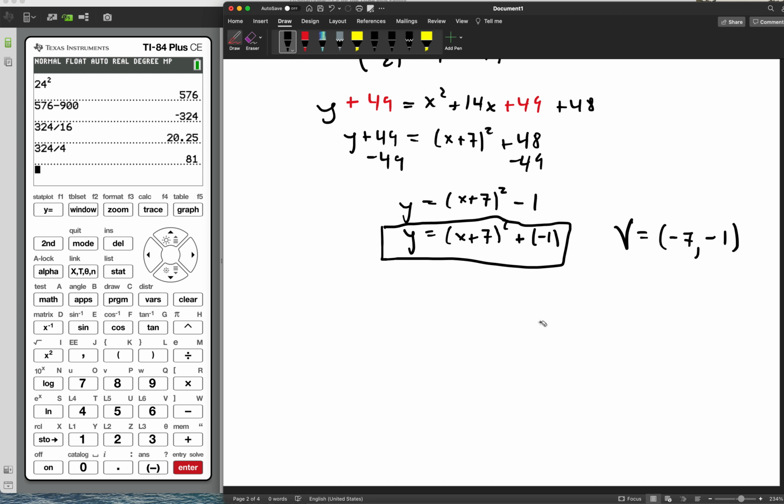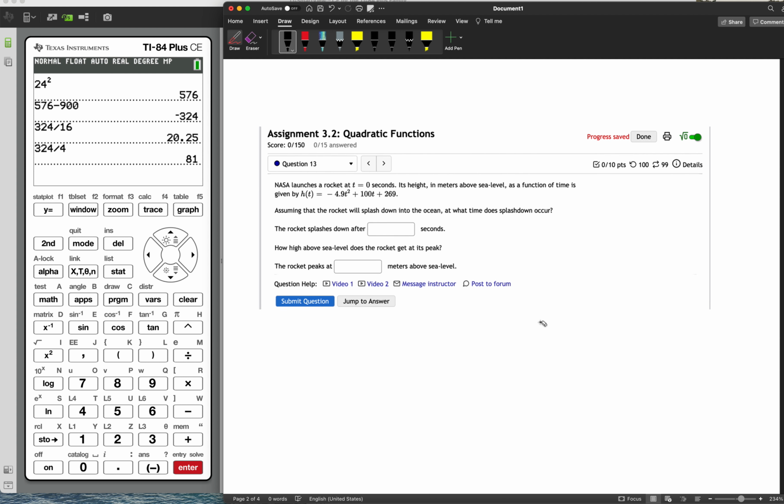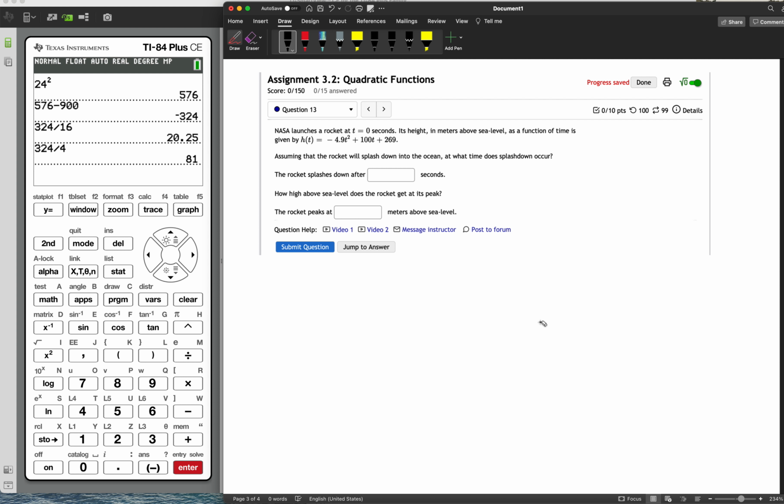Let's look at the next problem. A rocket is launched at 0 seconds. Its height is given by this. When does the rocket splash down? In other words, on this first part, we want to know for what time t does h of t equal 0?